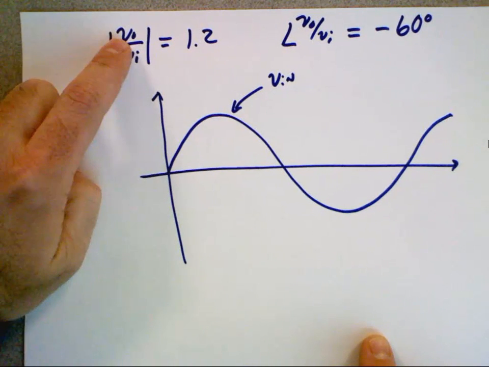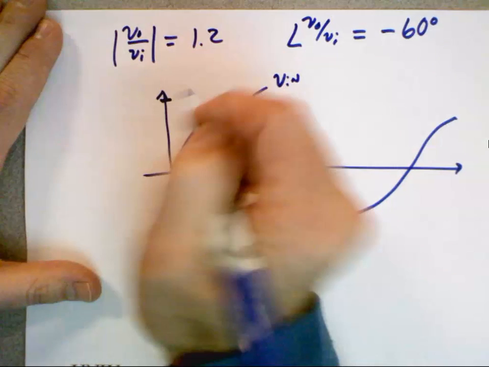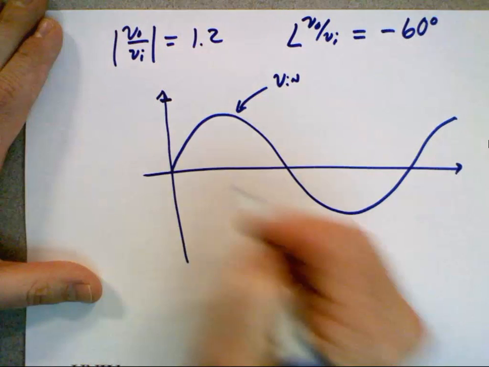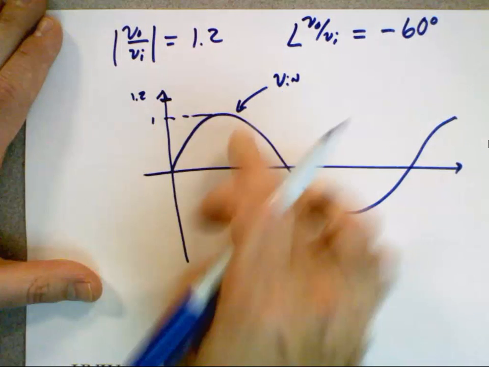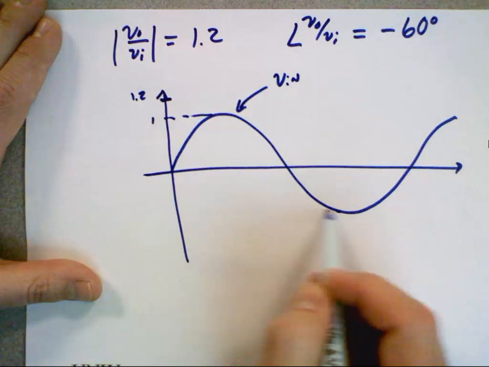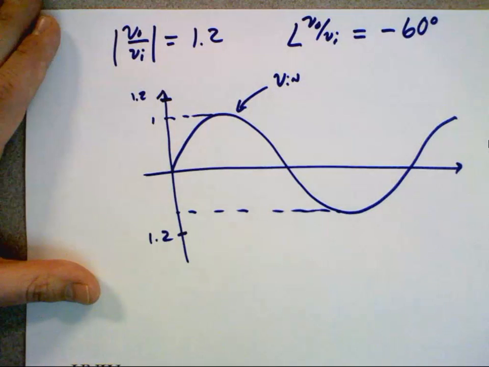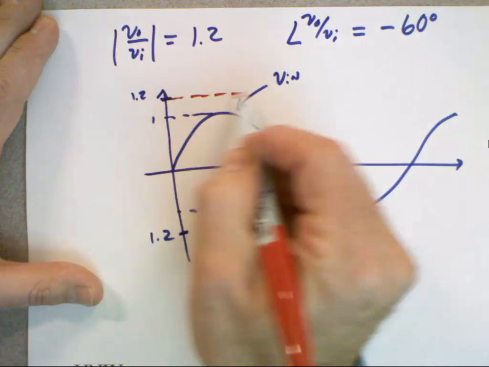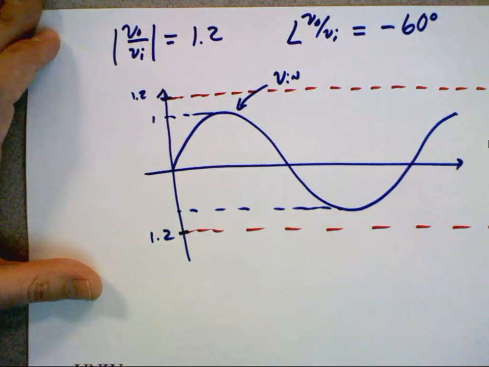Okay, so I don't know what the absolute amplitude of this is, but I know that the output's going to be 1.2 times bigger. So I'm going to put a plot, let's just normalize it to 1. This is 1.2. I don't know what that amplitude is, keep in mind. I'm just going to go 20% bigger. So I know the output of my circuit is going to swing between those two rails, right?